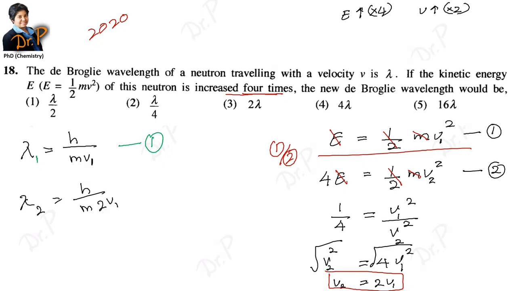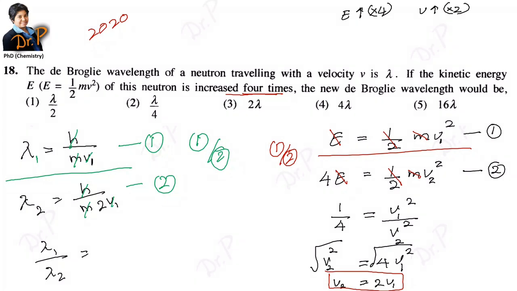This is our second situation. Now again you can do 1 divided by 2. Divide this. You will see h to h and m to m cancelling out, and then v1 to v1. Alright, this leads to lambda 1 divided by lambda 2 equals 2. Rearrange this relationship, you will find that lambda 1 divided by 2 is lambda 2.